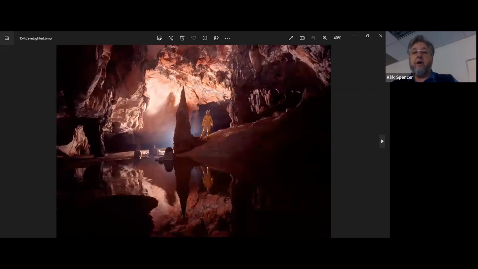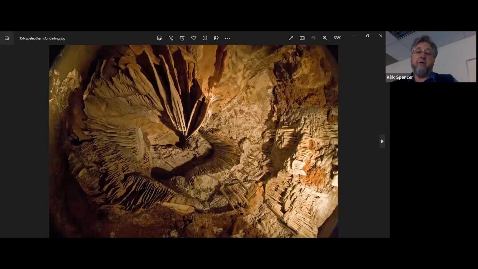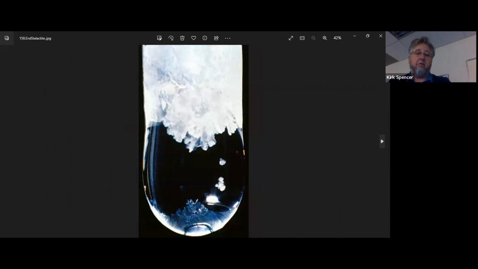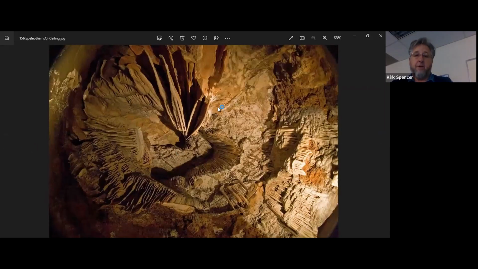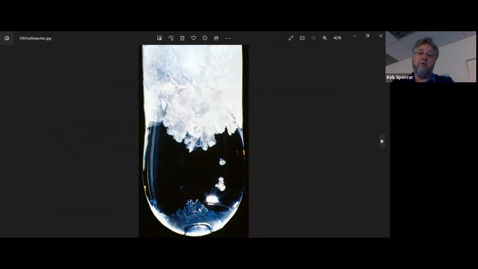But where the groundwater does flow through the caves, it produces cave formations called speleothems. And this is generally what you see, beautiful formations that decorate. Whenever a drop of water is moving downward due to gravity and passes into a cave or cavern, there's a change in temperature inside the cave. It gets cooler, and there's a change in pressure.